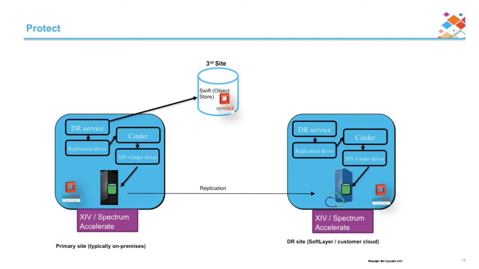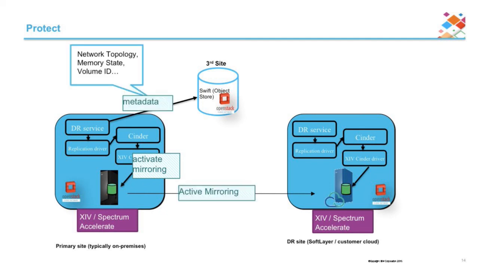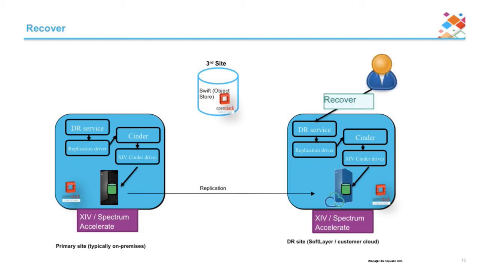So the user defines the workload to protect and how to protect it. Then it invokes protect. In the protect stage, the driver backs up the metadata to Swift, and then it activates mirroring on the replication. Now there is an automated system that knows when a disaster occurred, or in the worst case, a user that invokes the recover scenario.